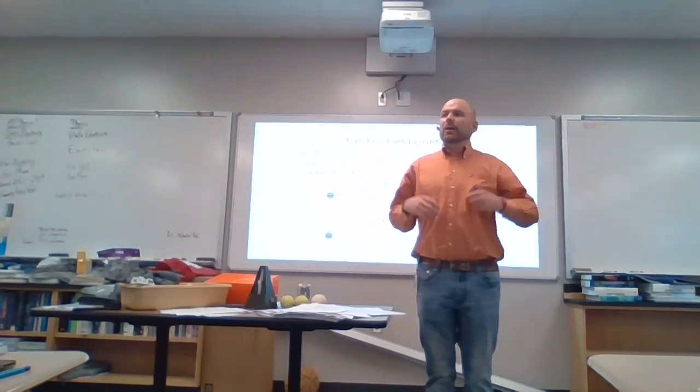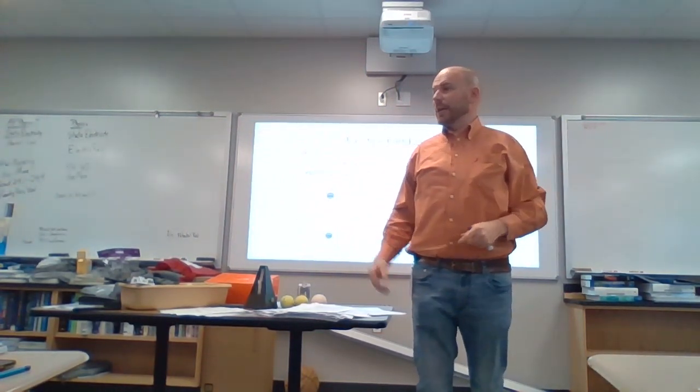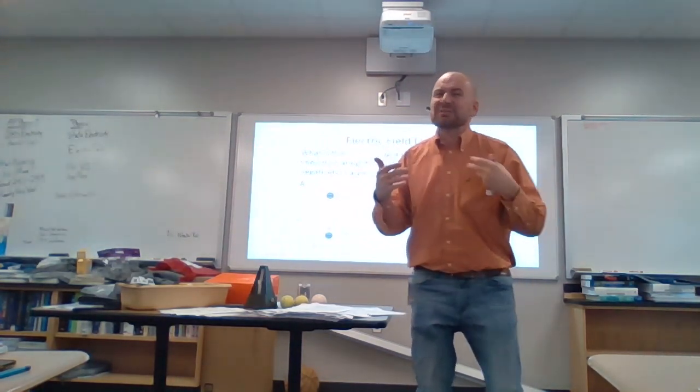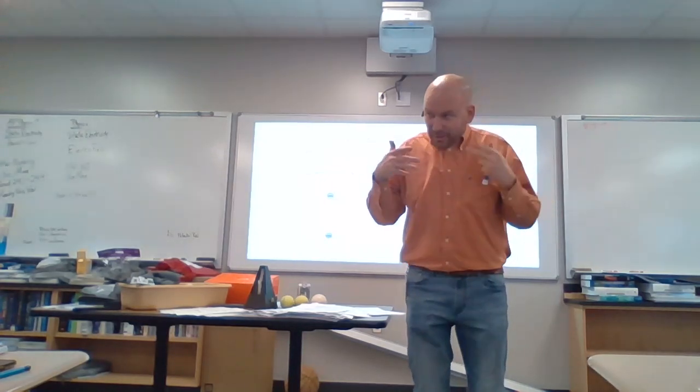Positively charged objects create outward directed fields, like sunshine. Yay. Okay, it's outward. Negatively charged objects create inward directed. I just feel sorry for myself. Okay. They're just focused on themselves. Sunshine, negative. Good.